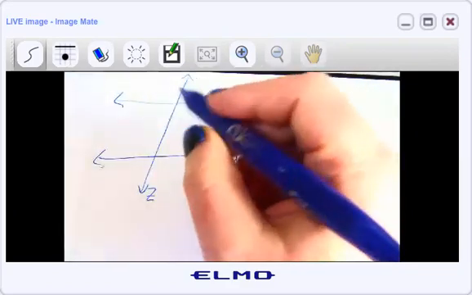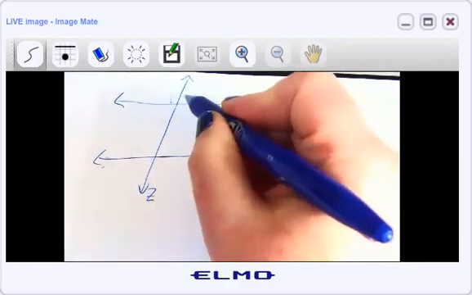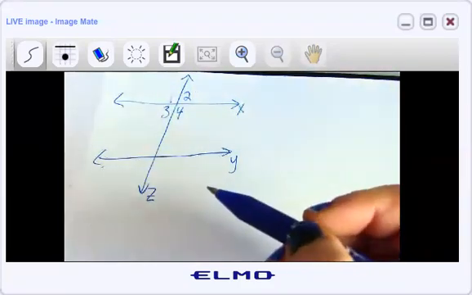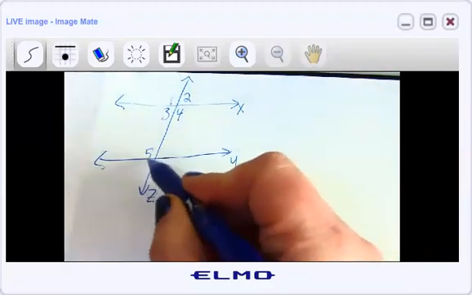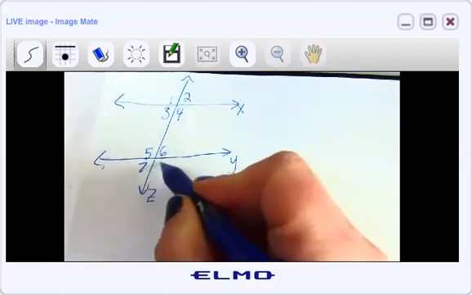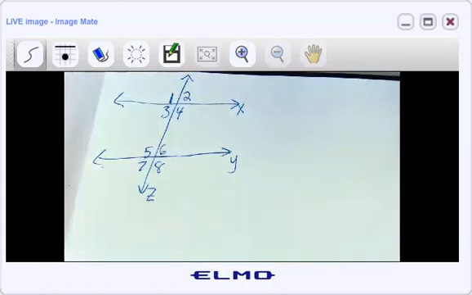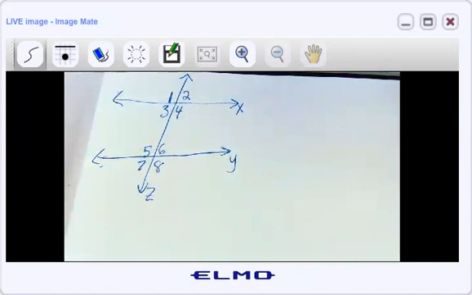Okay, so I'm just going to come in here and I'm going to call this angle 1, angle 2, 3, and 4. And then I come down to my next set, and then I have 5, 6, 7, 8. Like we're in dance class, right? So there, in this picture, I got 8 angles because of that one transversal. Thanks, transversal. Look at all those happy angles.